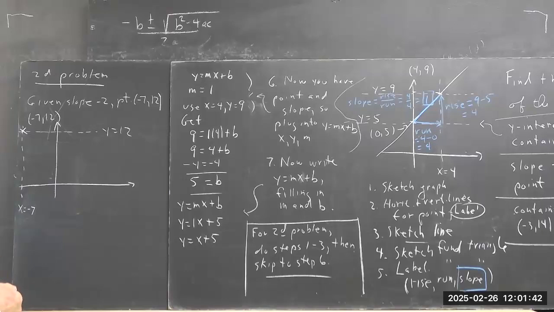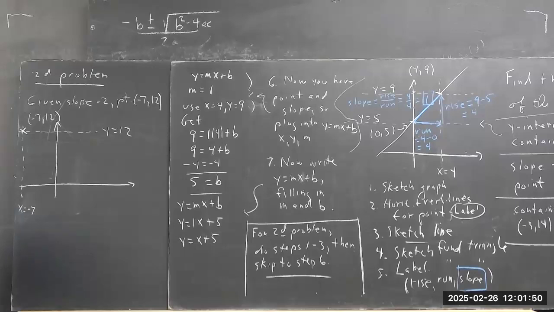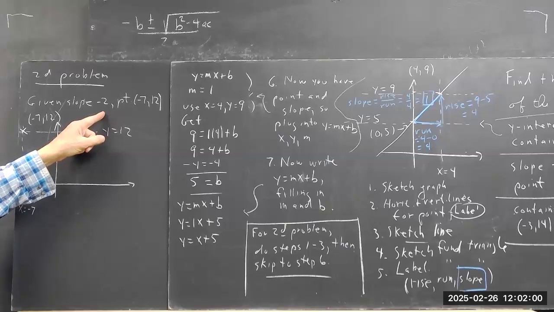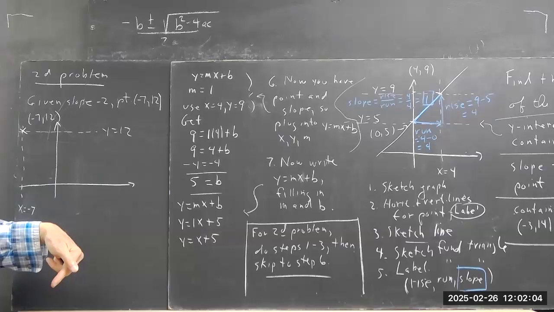Now you know your slope is going to be -2. You don't know exactly what to do with that, except if you move to the right, you have to move down twice as far, because your rise is twice as big as your run, and it's negative.